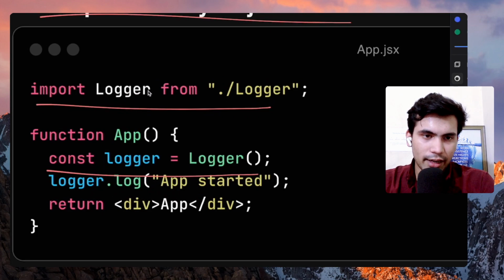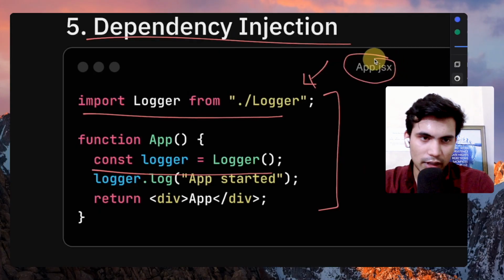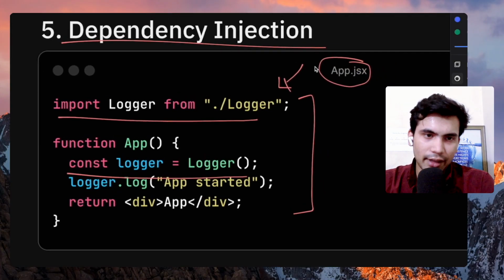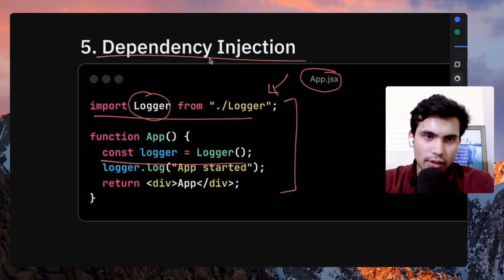We have here an app component. It's using a logger, and we make this import to get that logger, which means this is now tightly coupled. We cannot use app.js without having a logger. We cannot use app.js with a different version of logger. It's always the logger we import.